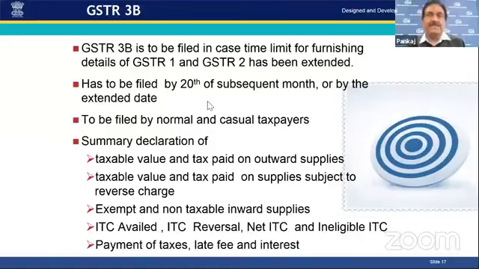If there is late payment of tax beyond the specified date, you will have to pay it along with interest at the specified rate. And until all those liabilities, including the tax, late fee or interest as applicable, are discharged in full, you will not be able to file the GSTR 3B successfully.